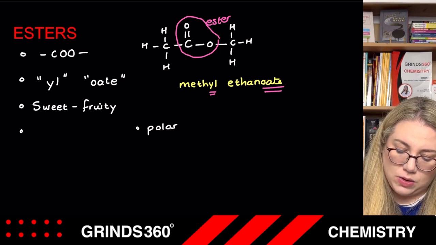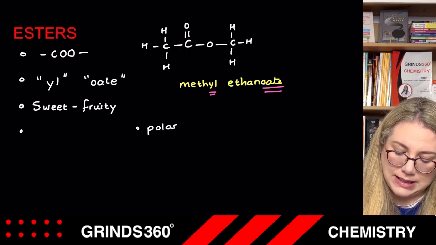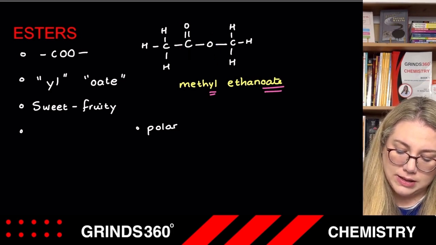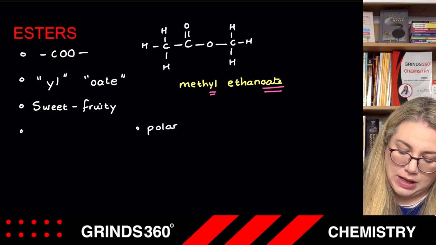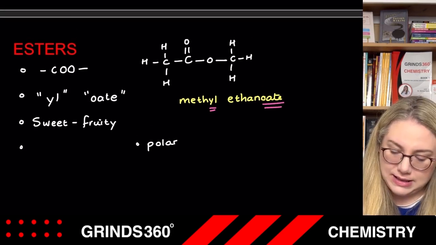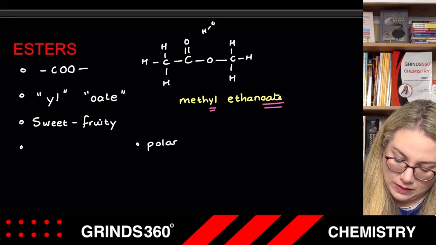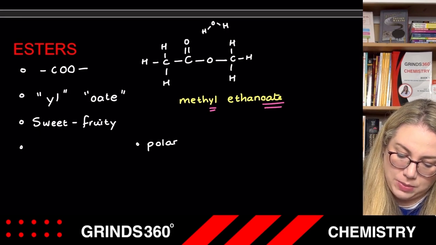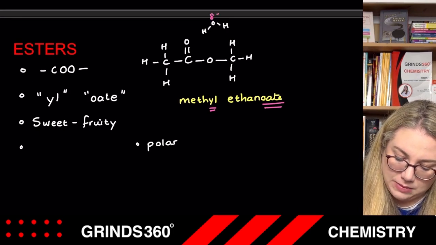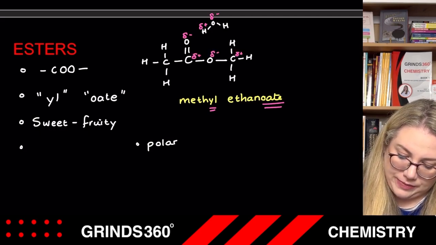If I was to draw a water molecule beside this molecule up here on the right, I'm going to move it down so you can see. Water is polar covalent. You have delta minus, delta plus, delta minus, delta plus, delta minus, delta plus.